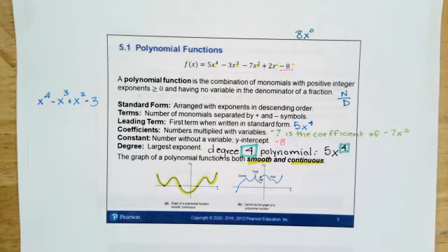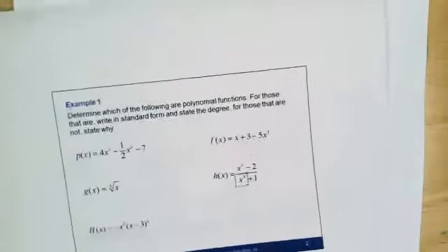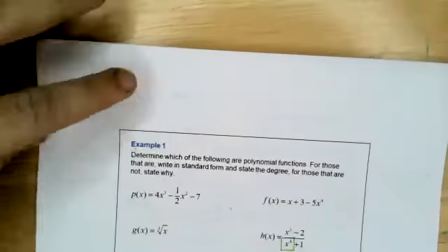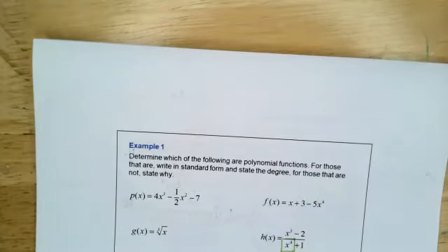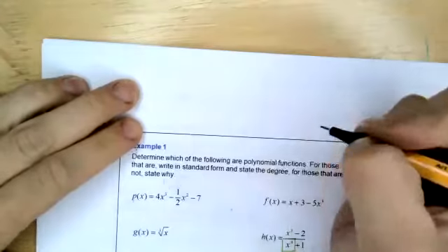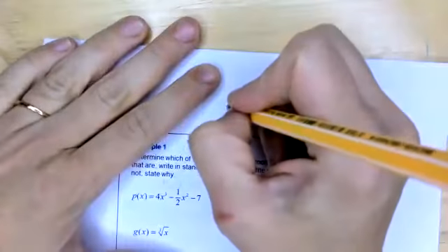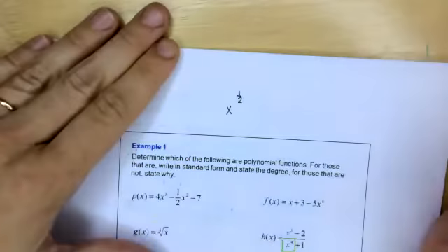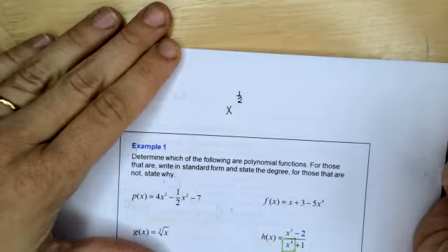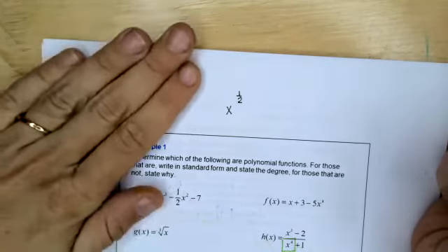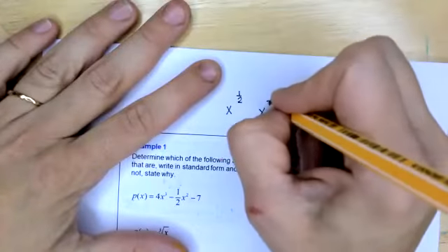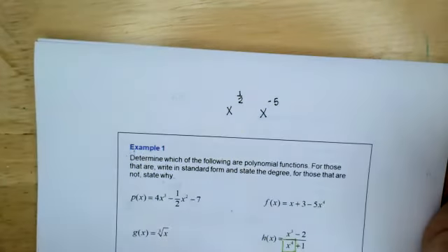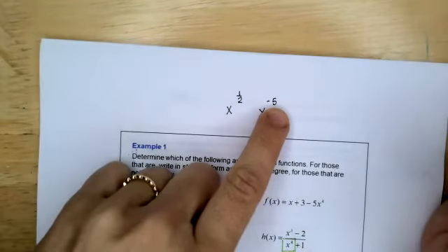Okay. Let's give you some examples of ways that variables would not be expressed in polynomial functions. X to the power of 1/2 would not be in a polynomial function because 1/2 is not a whole number, right? X to the -5th would not be in a polynomial function because that is not greater than or equal to 0.